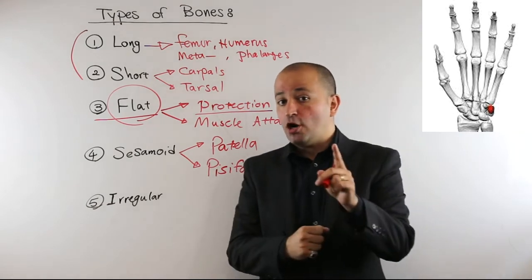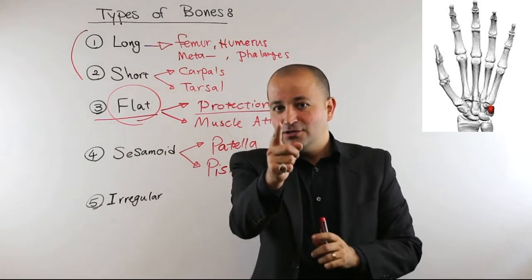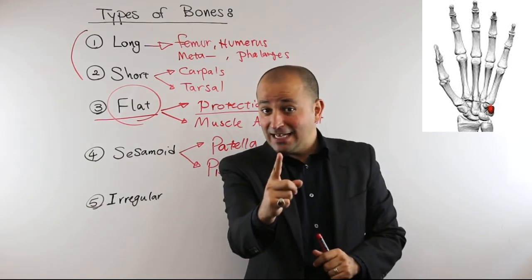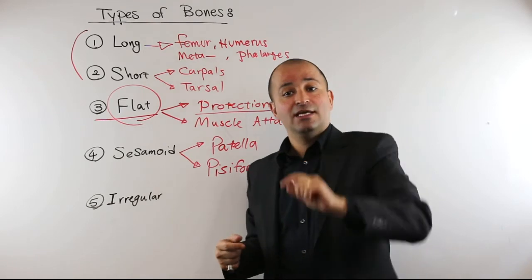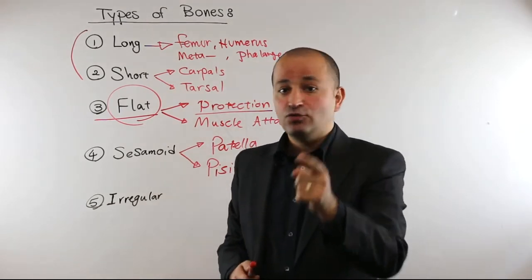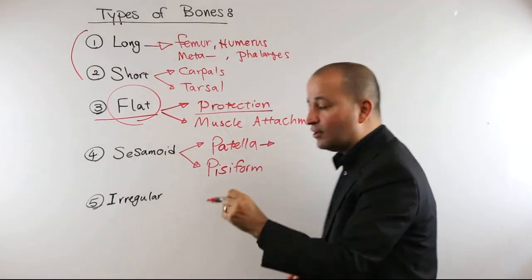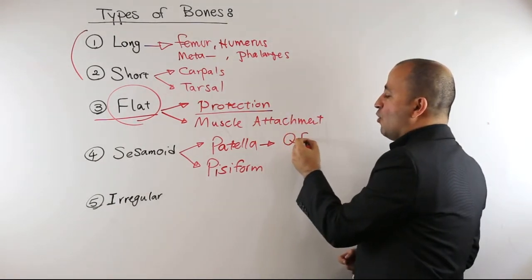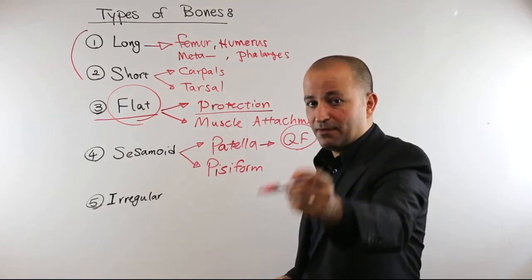Both of these bones are inside the tendon of muscles. Pisiform is one of the carpal bones. Do you remember I said carpal bones are considered short bones, but there is one exception. The exception is pisiform, which is sesamoid. If they ask you in the exam, patella is inside the tendon of which muscle? The answer is QF, quadriceps femoris.